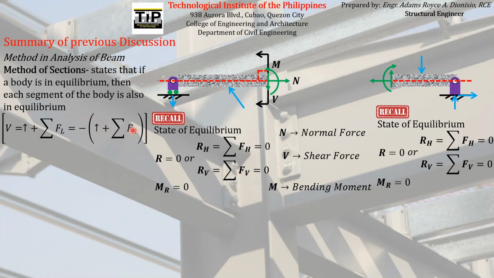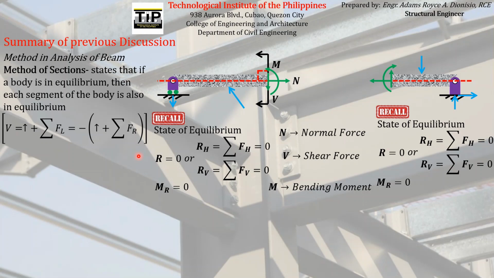Take note, if we use the right segment, we must multiply the summation of the forces to the right of the location by -1 to give the same magnitude of shear force that you would get using the left segment of the beam.